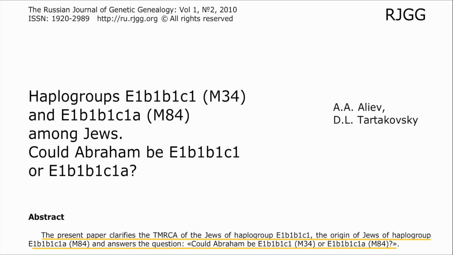According to the paper titled Haplogroups M34 and M84 among Jews, could Abraham be E1B1B1C1 or E1B1B1C1A? The present paper clarifies the TMRCA, the time to the most recent common ancestor, of the Jews of haplogroup E1B1B1C1, the origin of Jews of haplogroup M84, and answers the question, could Abraham be M34 or M84?